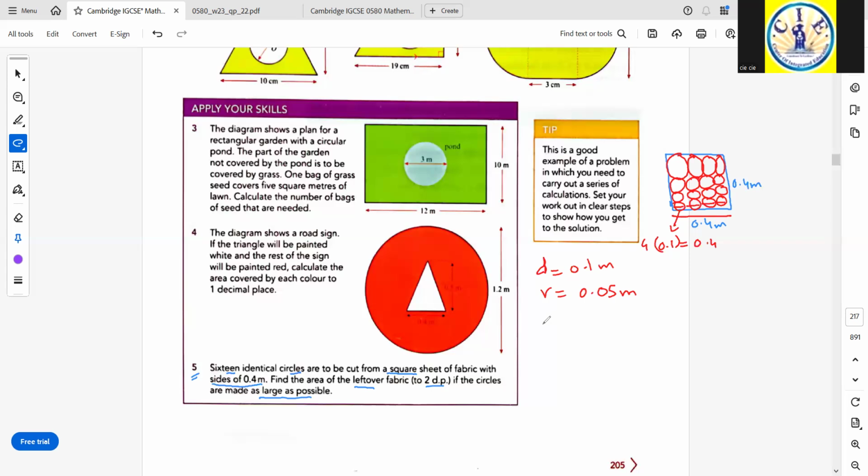Okay, now area of circle for one circle. We are doing it as pi r squared, that is pi times radius 0.05 and then its square, and then I need to multiply it with 16 because there are 16 such circles.